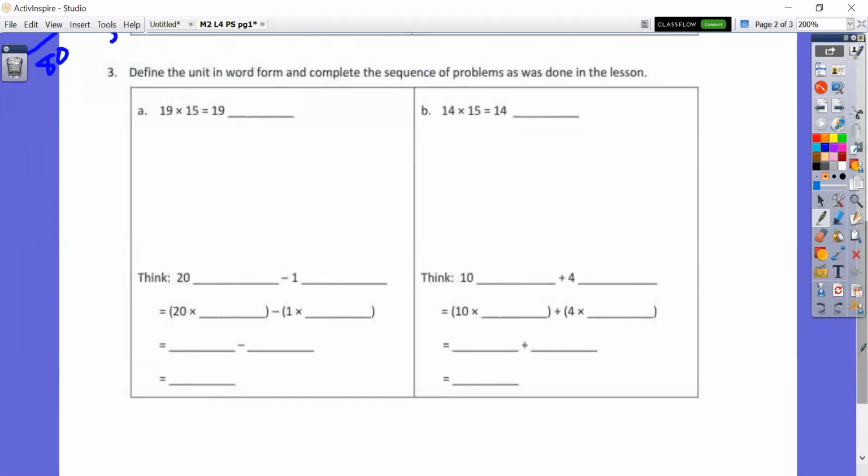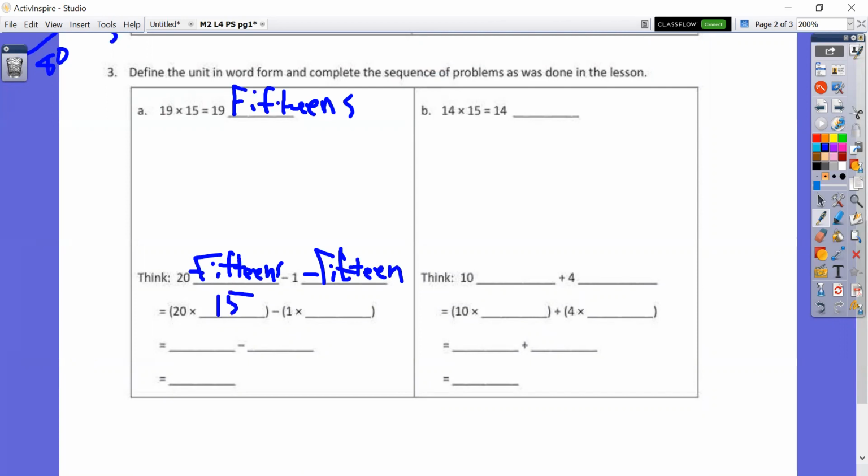Well, 19 times 15, well, it's 19 15s, right? Well, we're going to think first 20 15s, and then we're going to subtract 15. So 20 15s, and we're going to subtract 15. Well, 2 times 15 would be 30, so 2 tens times 15 would be 300.